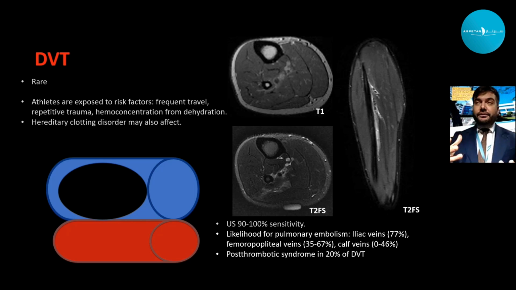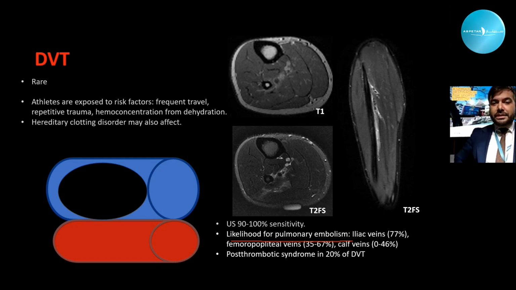And why do we have to diagnose this pathology and treat it quickly? Because there is a likelihood of pulmonary embolism, okay, that is bigger the more proximal the thrombus is. In iliac veins, it reaches 7%, and in the calf veins it is from 0 to 46.